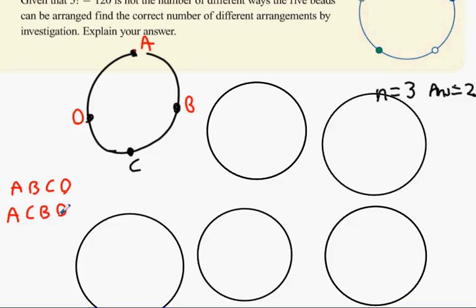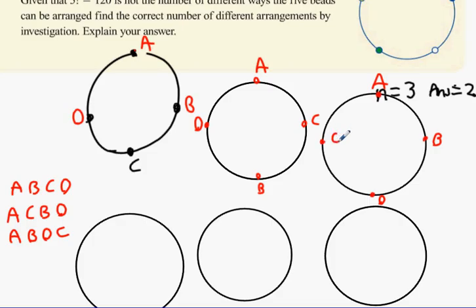A, C, B, D. We could go back to the first one, and we changed C and B already. We could change C and D. A, B, D, C.